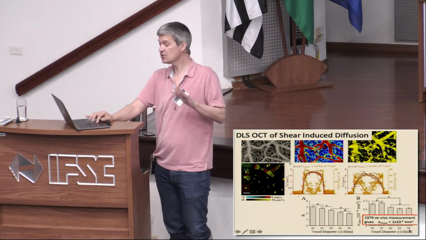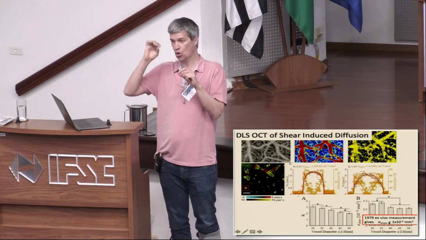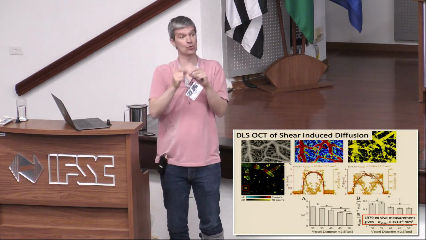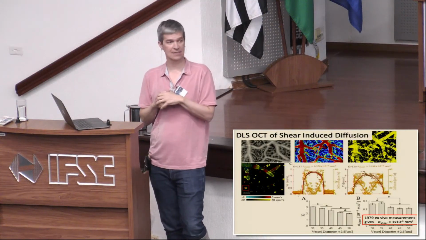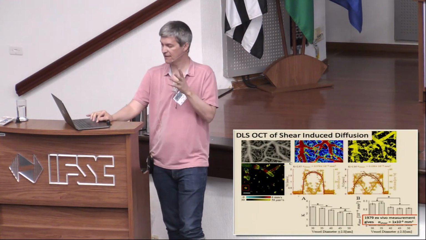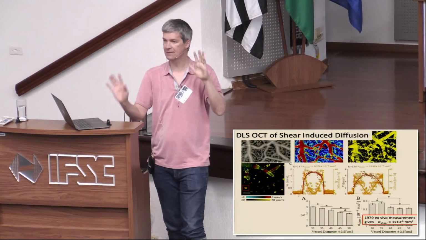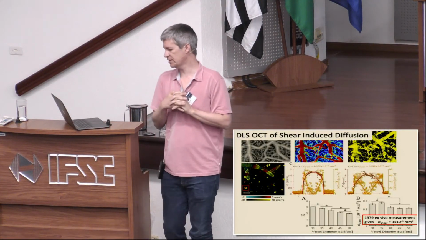Ex vivo measurements were done in the late 1970s, with ghost blood cells moving through a glass capillary tubing. So that shear-induced diffusion was all characterized in the late 70s ex vivo, right? They measured parameters about a factor of 5 larger than what we measured, but we were measuring it in vivo for the first time. So we were happy that it was within a factor of 5 of those old measurements.